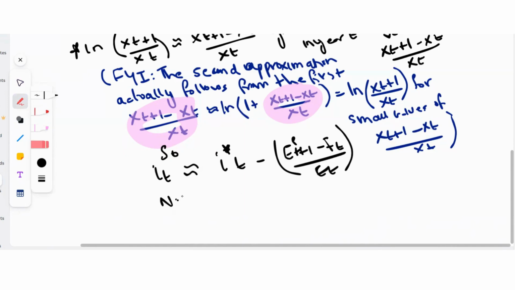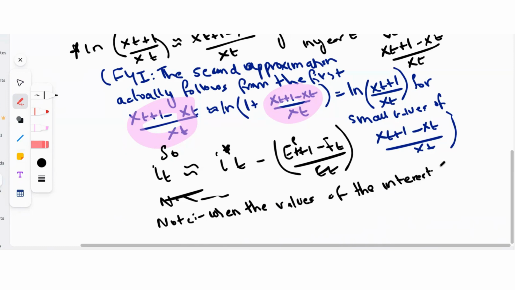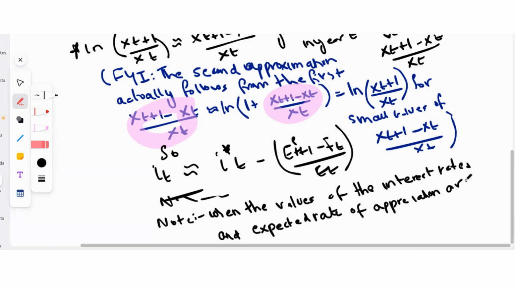So just note that when the values of the interest rates, i_t and i*_t, and the expected rate of appreciation are small enough, here we mean close to 0.